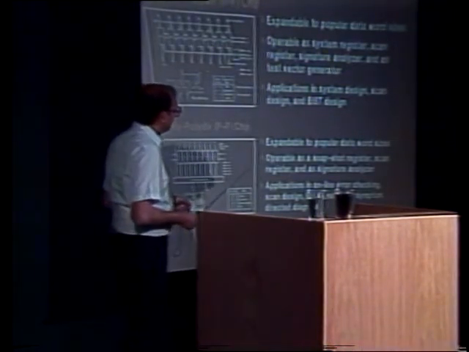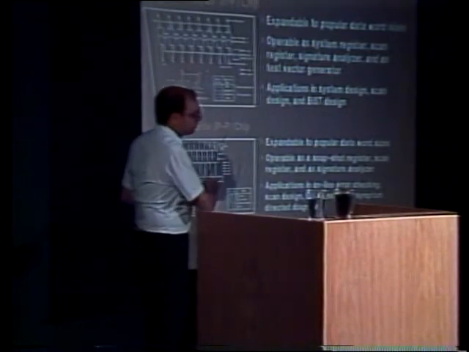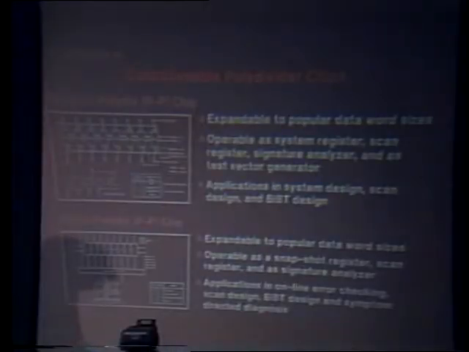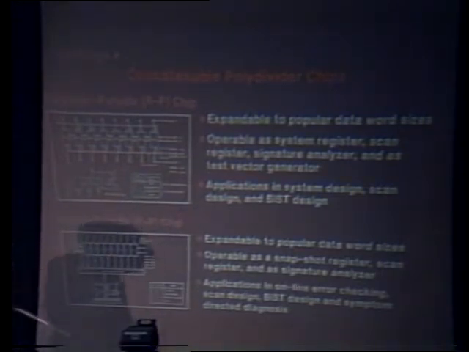Its applications are in system design. The register part you use for your system operation, and then it could be used as a scan register or even as a linear feedback shift register for test data source or signature generation or signature analysis. It could be a 24-pin DIP. The last time I counted the pins, it had 24 pins.